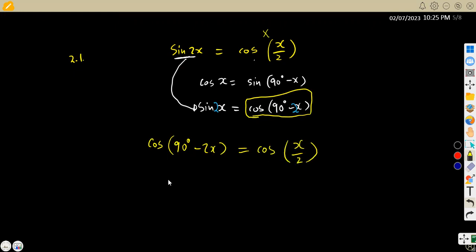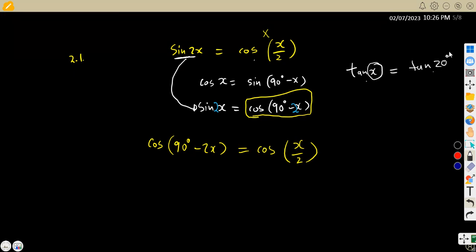So the question is, why are you even changing sine to cos? What's the purpose of doing that? The reason is that if we've got two trig functions, say tan of x equivalent to tan 20, or whatever we have, if this is tan and this is tan, these two are equal.